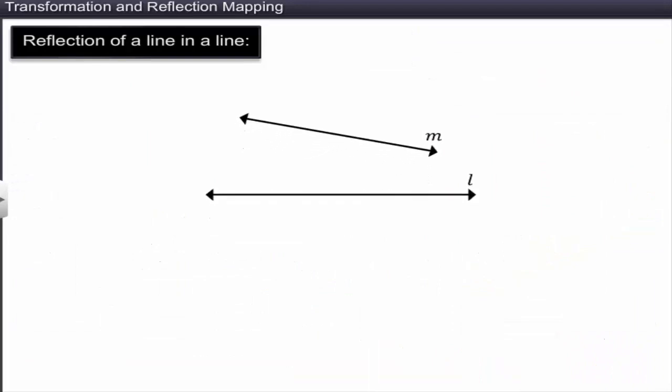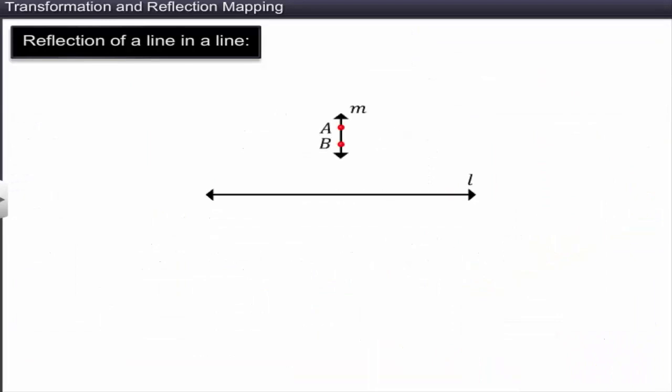For this, first mark any 2 points, A and B, on line M. After this, find the reflections A' and B' of these points in line L. Line M' obtained on joining points A' and B' is the required reflection of line M in line L.